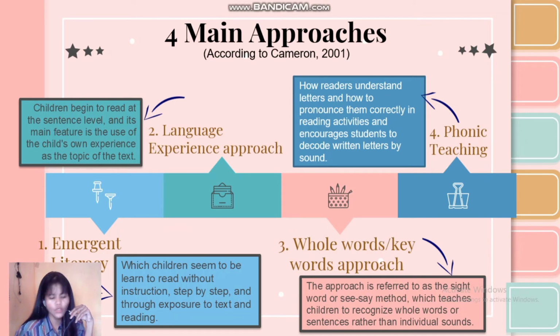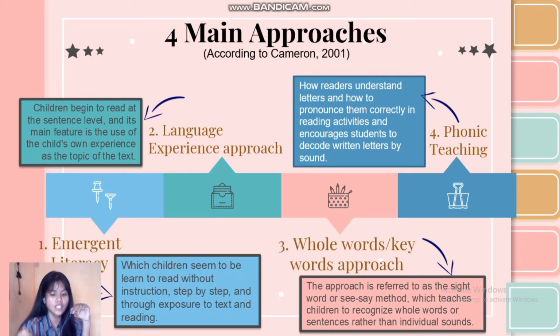And if you ask me what is the best approach to teach them reading and writing, I can say there is no best or most effective approach, because it all depends on our teaching situation. The methods, approaches, and techniques that we use in one class or one type of situation may be different from another class or another situation.